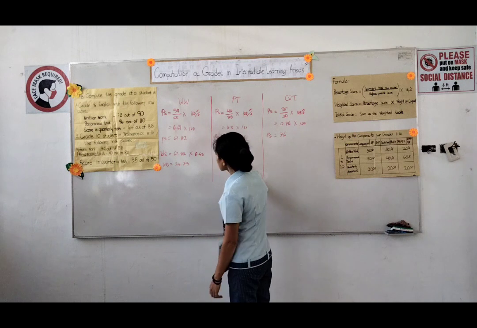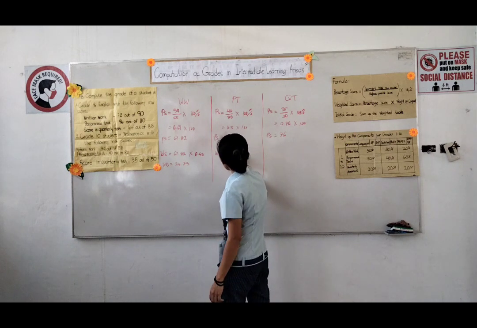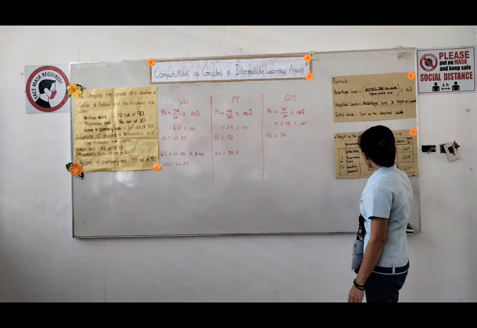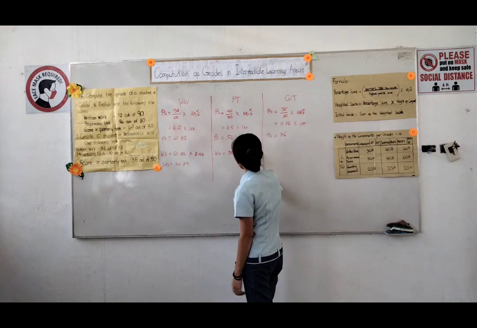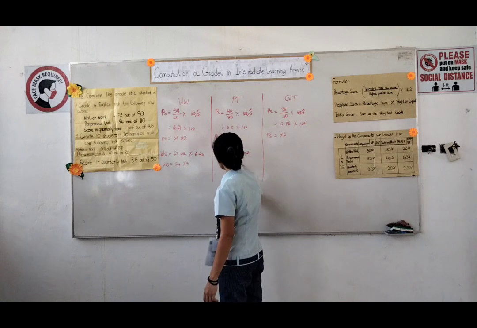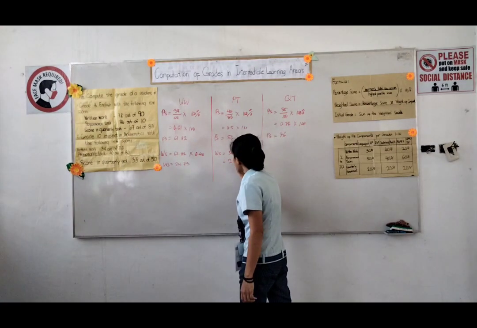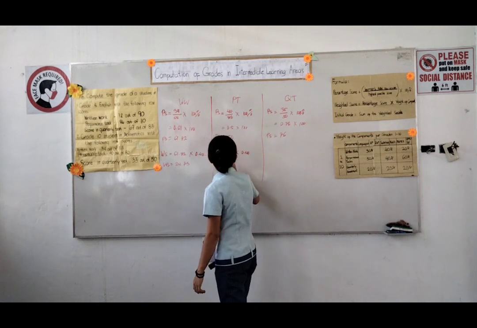So in performance task, we have 50 times 40% or 0.40. 50 times 0.40 is equal to 20.